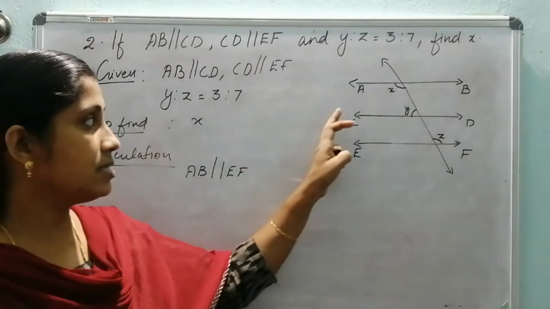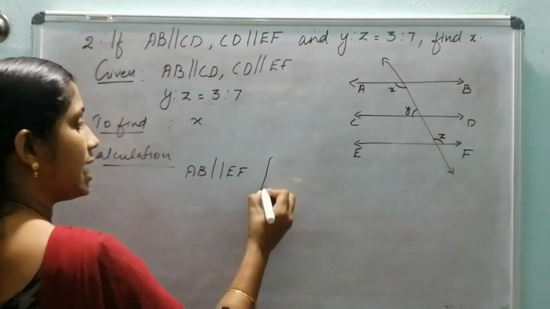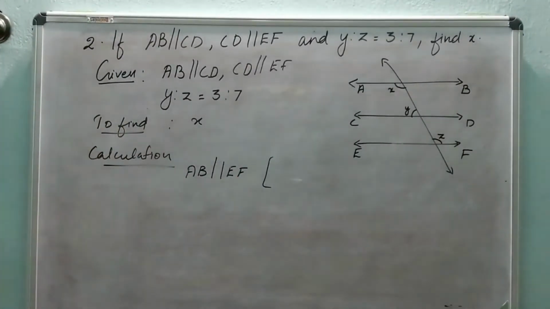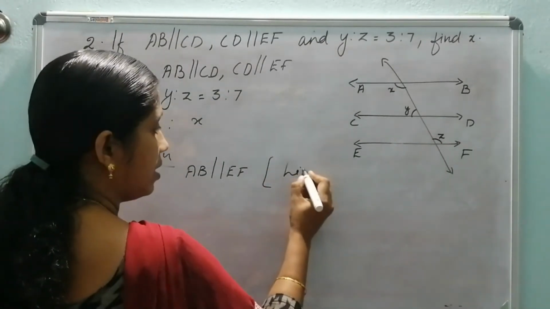What is the reason? Lines which are parallel to the same line are parallel to each other. So you have to write down the statement there.